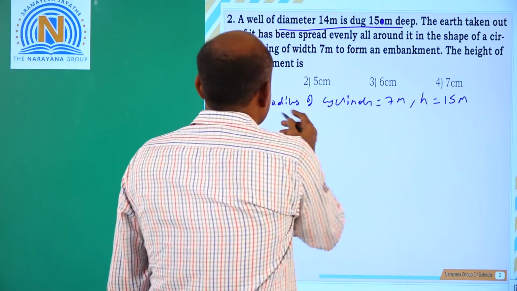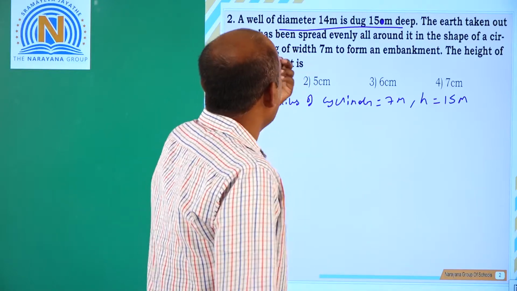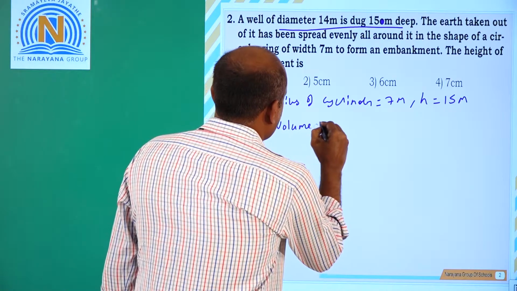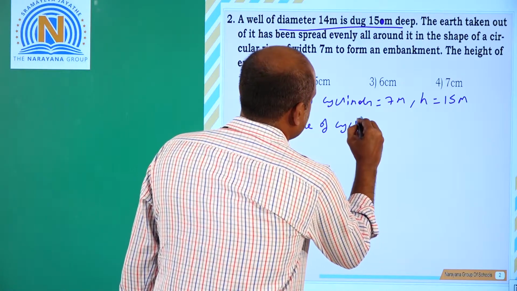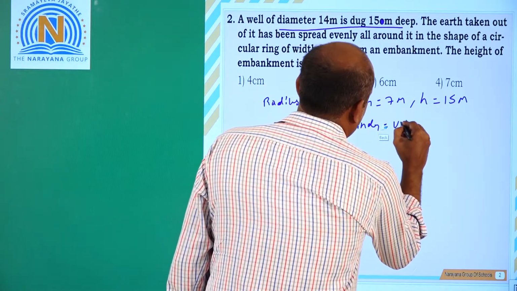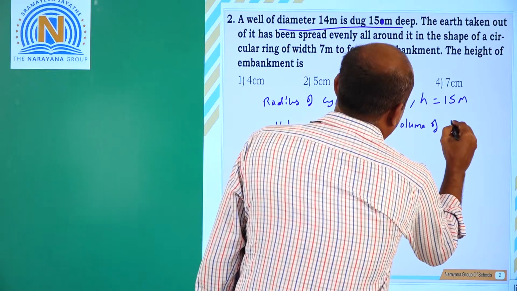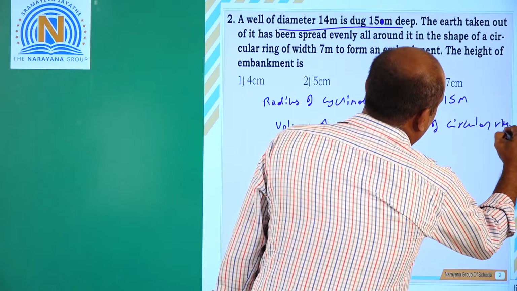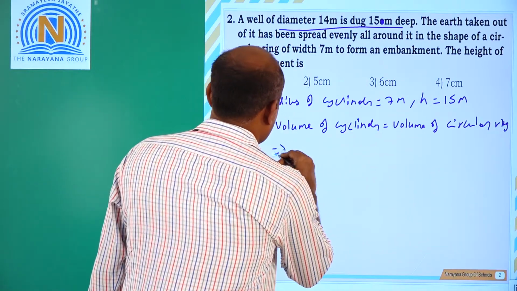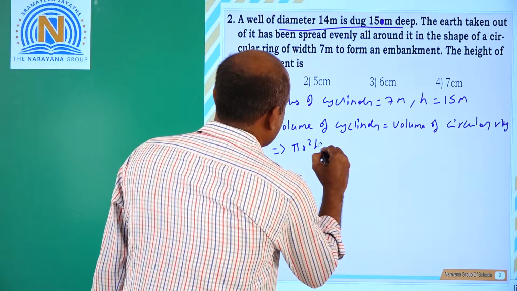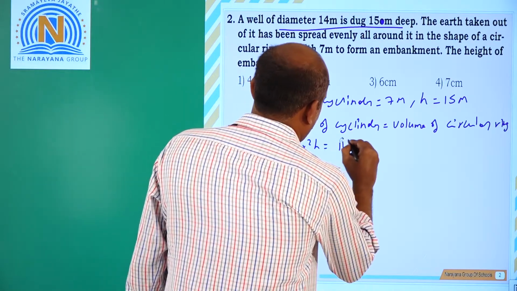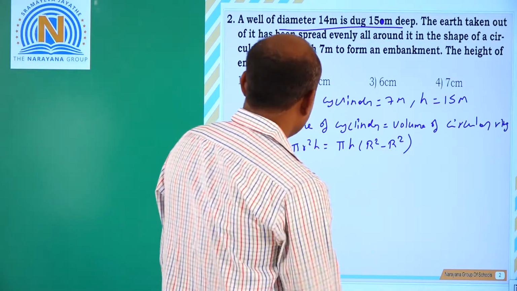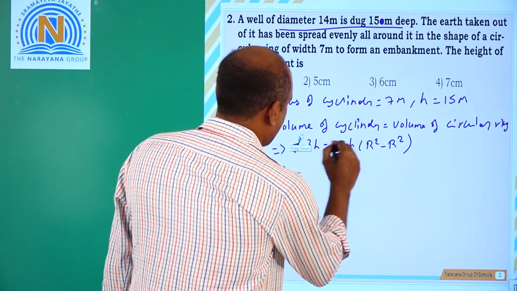So volume of the cylinder is equal to volume of the circular ring. That implies volume of cylinder pi r square h is equal to pi h into R square minus r square, the volume of the ring. This pi gets cancelled.